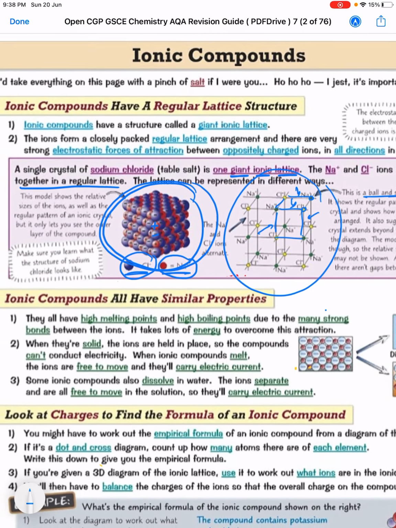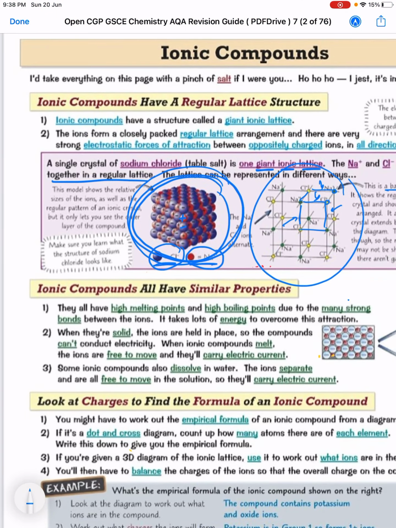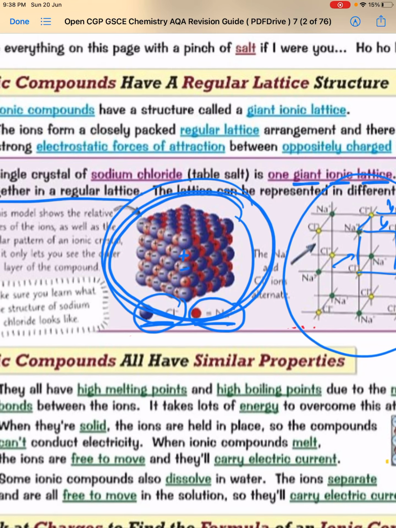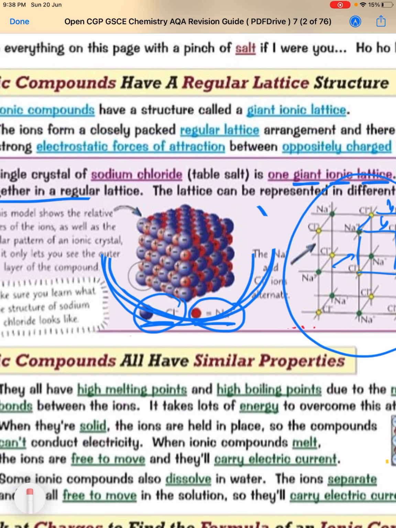Now, after I explain the nature of the bond, which is not a weak bond but actually a strong bond, what would you conclude about the properties of this giant ionic lattice? I would say, and it's also common sense, that this kind of attraction is hard because it's an electrostatic attraction between positive and negative ions.